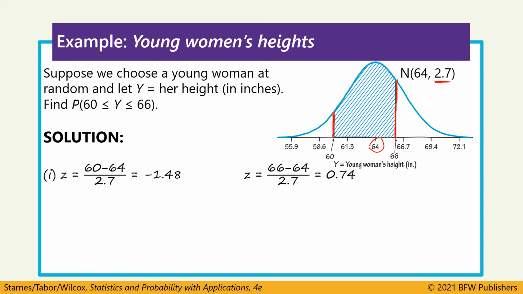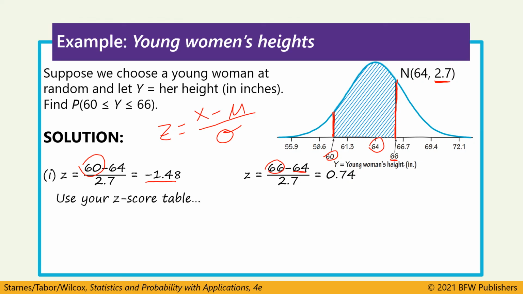So our first Z-score for the 60, we subtract the mean and we divide by the standard deviation. So here is our Z-score equation. The Z-score for this value, the 60, is negative 1.48. And then we do the same thing for 66. 66 minus the mean, divide by the standard deviation, Z-score 0.74.